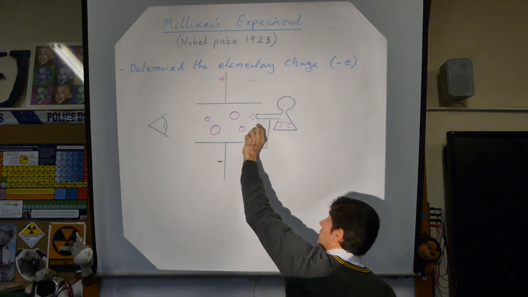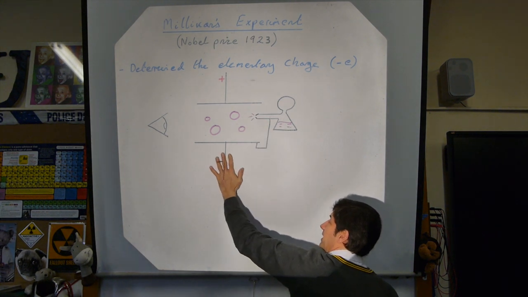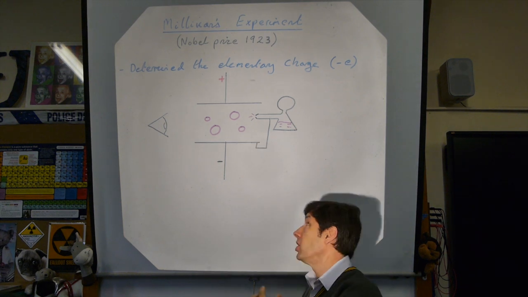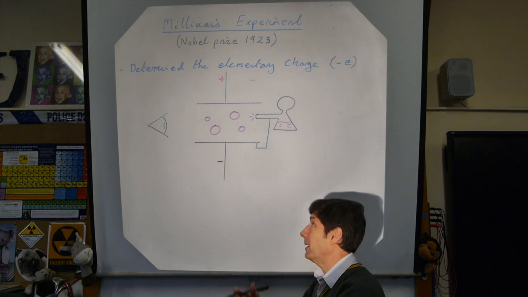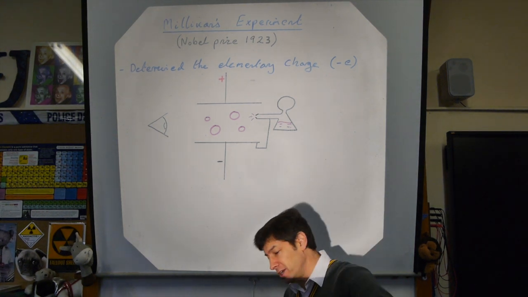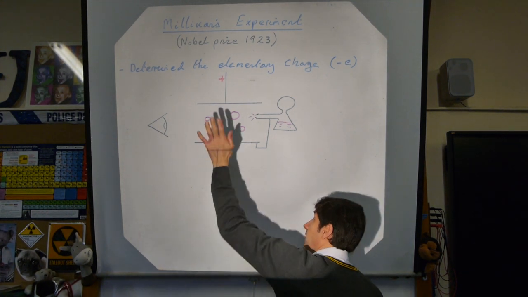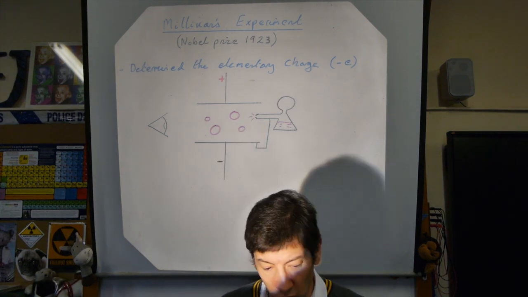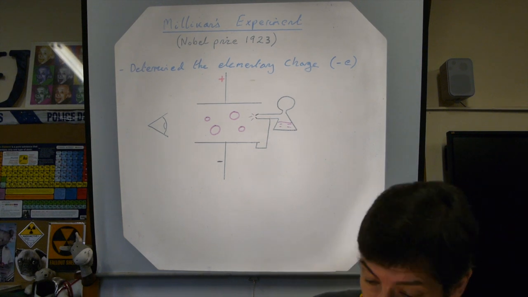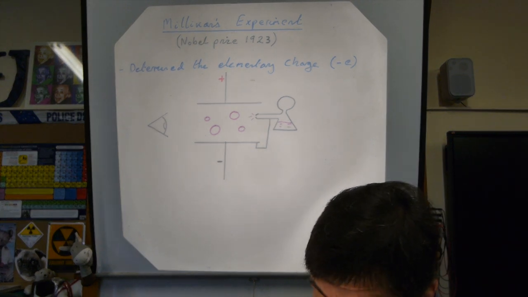So this is a metal nozzle, out comes the oil, they've been connected to a negative plate, so they are going to be covered in electrons. They're going to be mini free capacitors. What he actually did is you can use X-rays, and you can fire X-rays in, and the X-rays will ionize the drops. But I'm simplifying to show the concept that's so important.